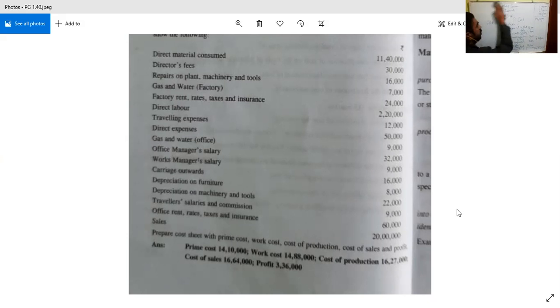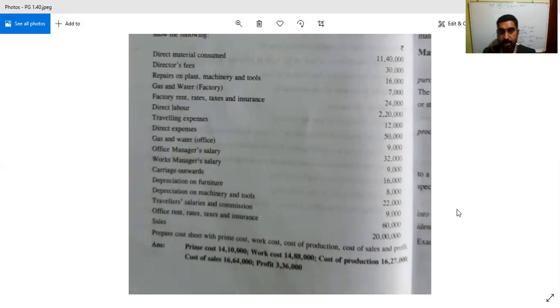Along with this, what do we need to add? Whatever relates to the office expenses is to be added here. So add office or administration overheads. Where are they? Repairs on plant and machinery we already taken. Gas and water factory already taken.